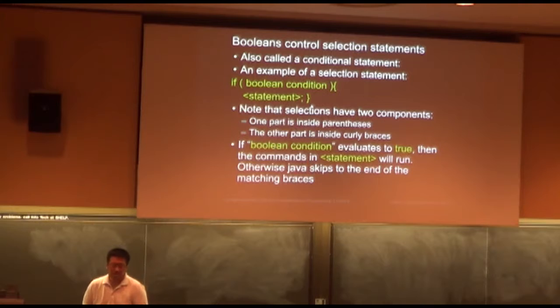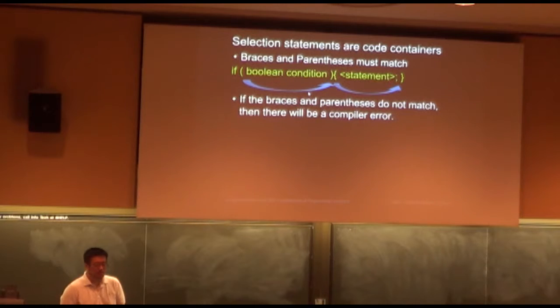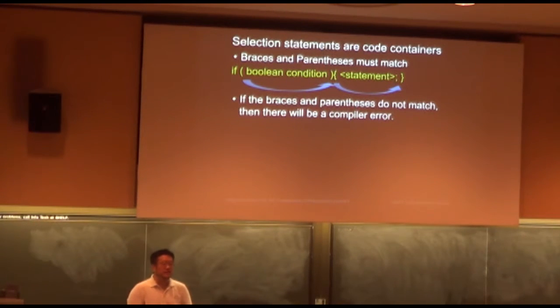This syntax is not optional. You must have the word if, and you must have these parentheses after it. The curly braces you almost always have to have, and I'll explain that in a second. Those curly braces, as I mentioned earlier, are containers of code.